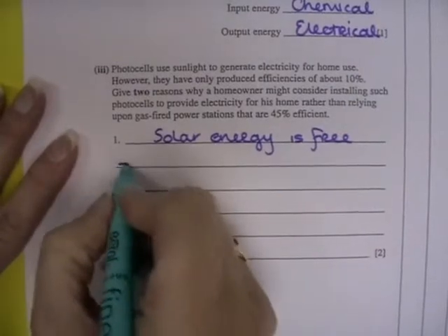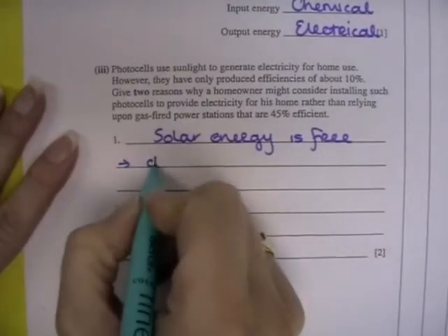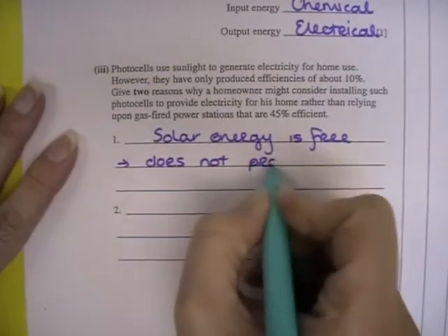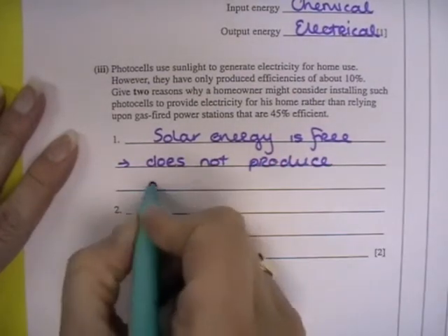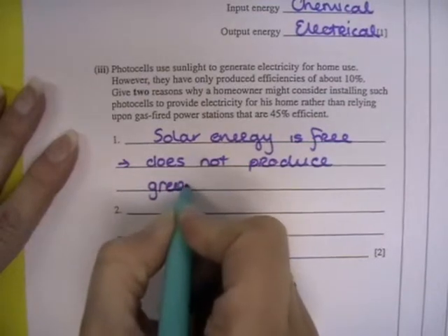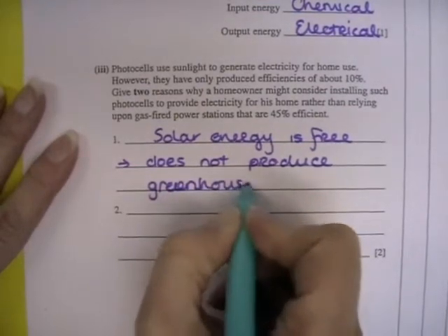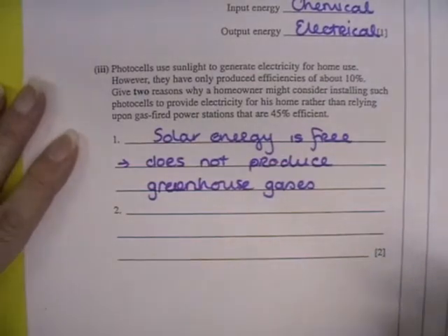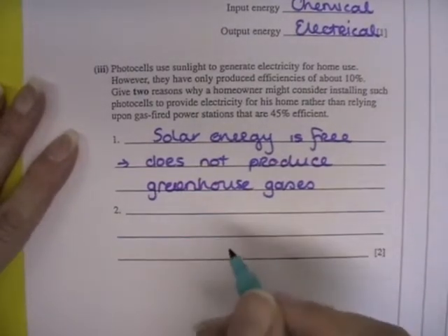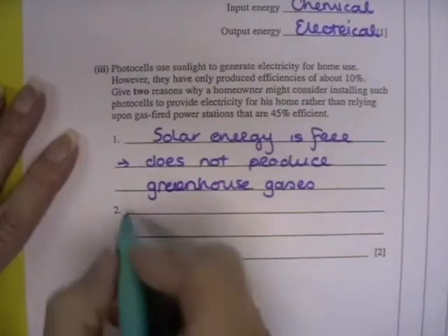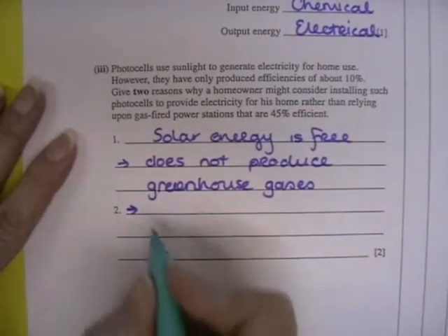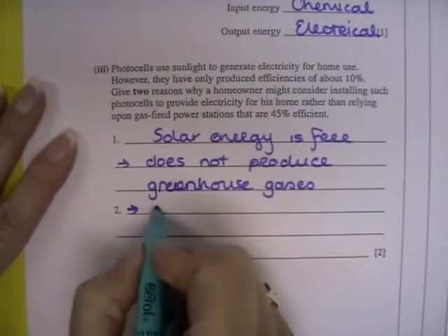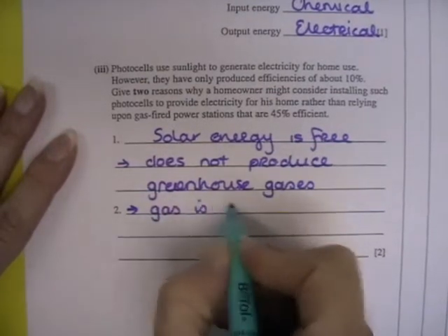The second idea is possibly the solar energy does not produce greenhouse gases, so we're protecting the environment. Or doesn't contribute to global warming is another way of saying that. You could, linked back to the solar energy is free idea, you could say that gas is becoming more expensive.